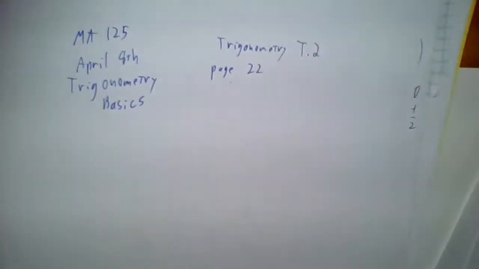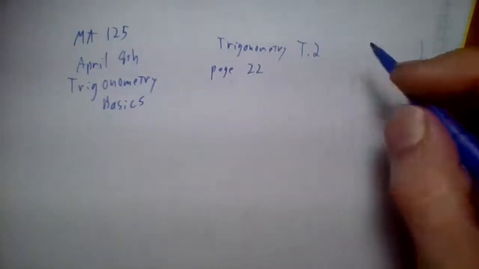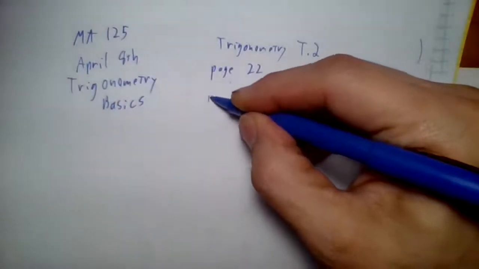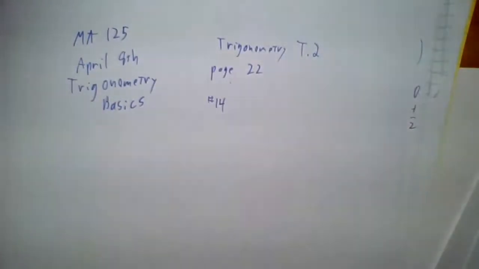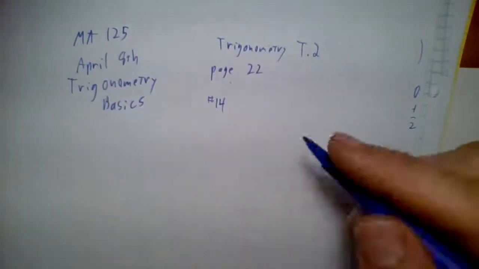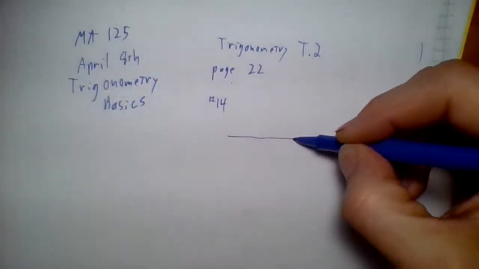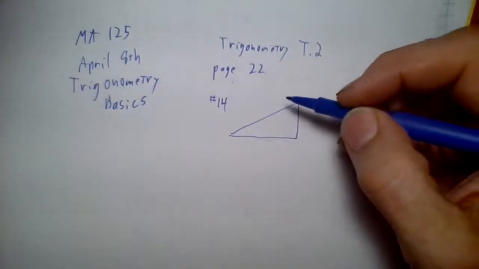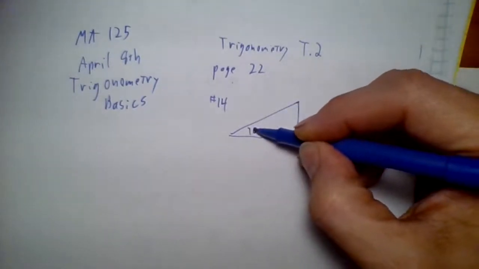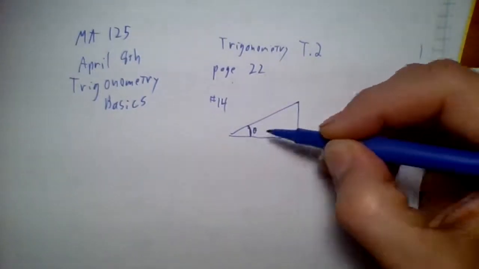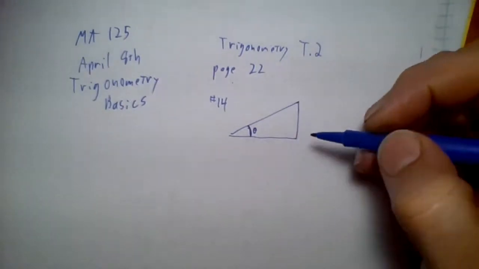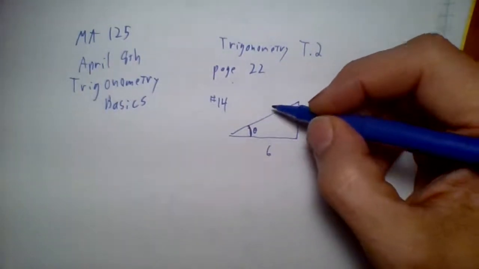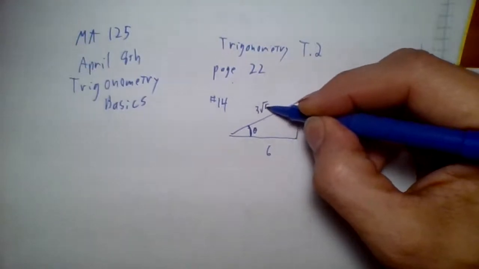I'm going to work on number 14, which shows the actual triangle. It's drawn in the book, and I'm going to duplicate it here so we have it in front of us. Theta is our angle down in here. That's the typical variable used for an angle. And we have 6 down here, and we have 3 square root of 5.